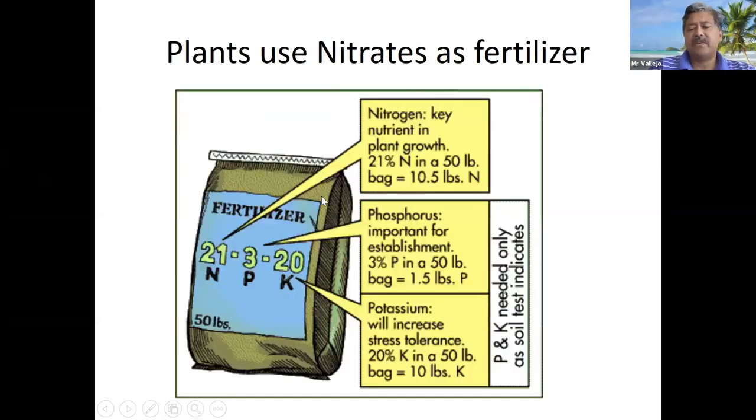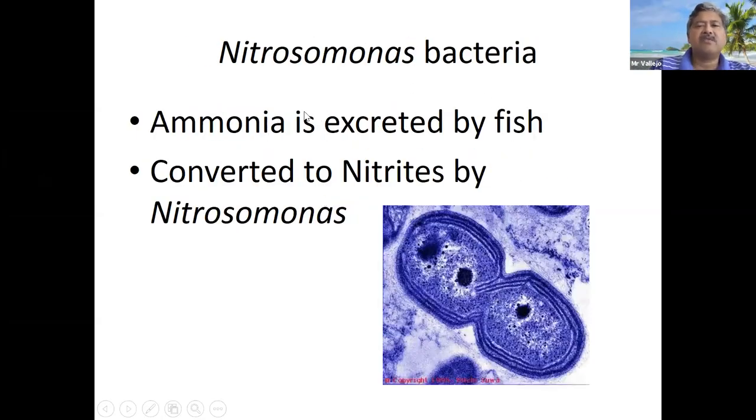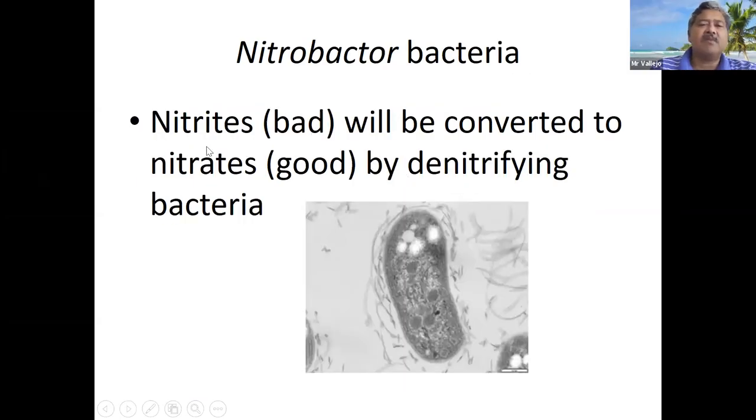So the first bacteria are called denitrifying bacteria. They take the ammonia and change it into nitrites. And then what the nitrobacter does is take the nitrites and turn them into nitrates.